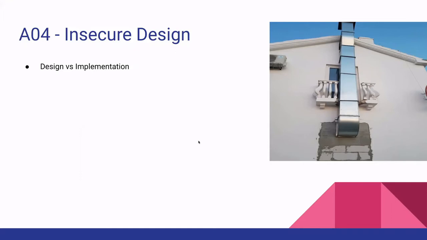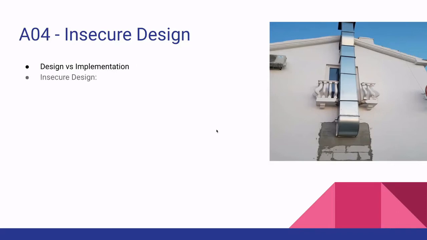There is a big difference between design and implementation. Insecure design is a broad category, representing different weaknesses for a particular application. So there is a difference between insecure design and insecure implementation. A secure design can still have implementation defects leading to vulnerabilities that can be exploited. But insecure design cannot be fixed by a perfect implementation.